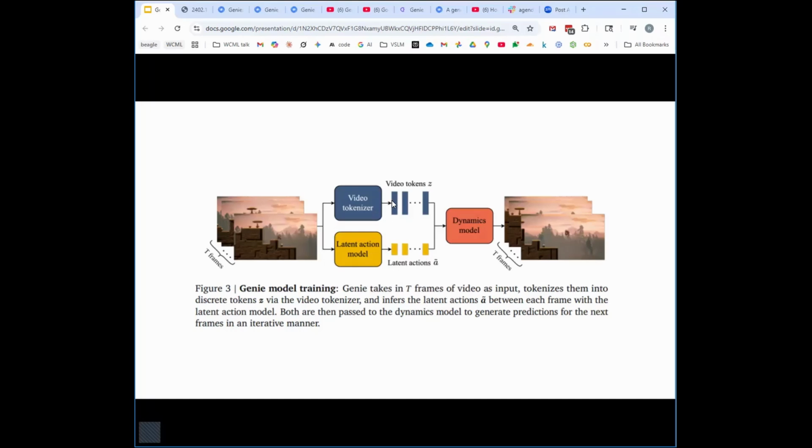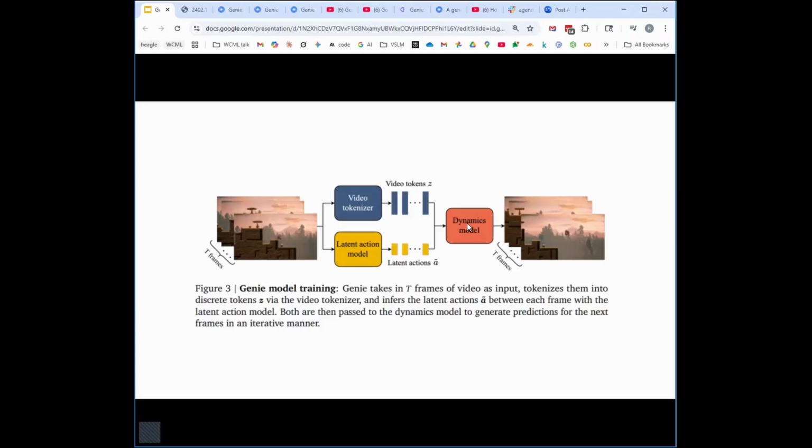So the image of the game, the action, the image of the game, the action, et cetera, that whole stack gets fed into the dynamics model, and the model predicts, in token space, what will represent the next image, and then they decode that to generate the image. So this dynamics model represents how the image progresses in time.